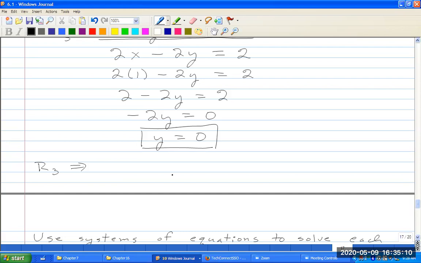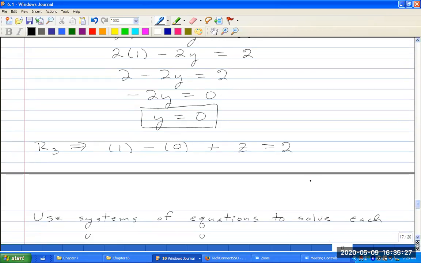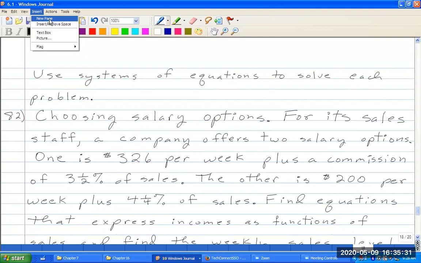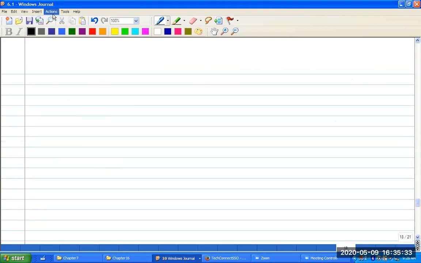So I have x, which is equal to 1, minus y, which is equal to 0, plus z is equal to 2. So let's try to figure out what the solution is. Okay.